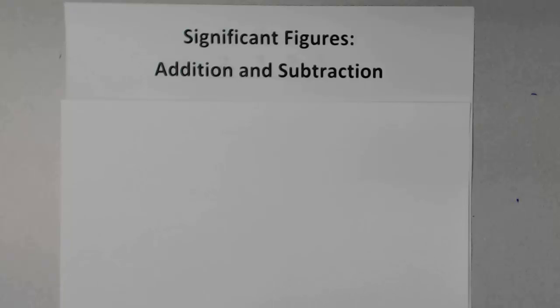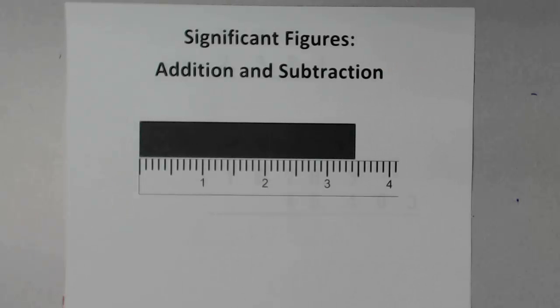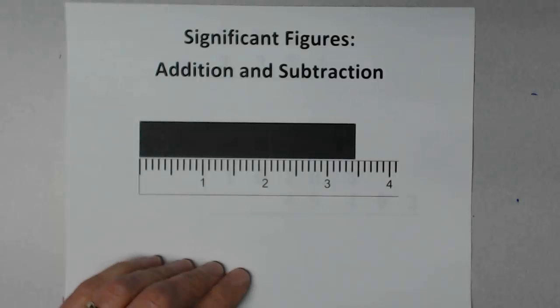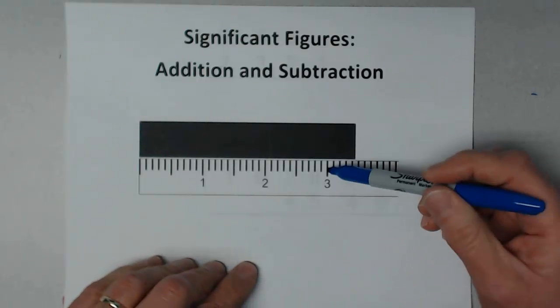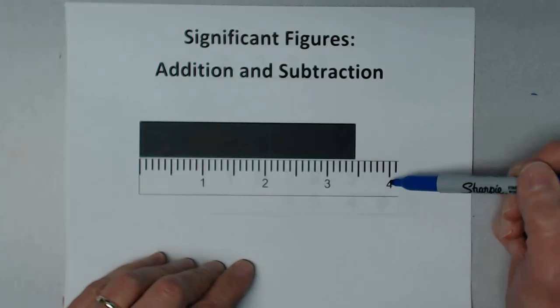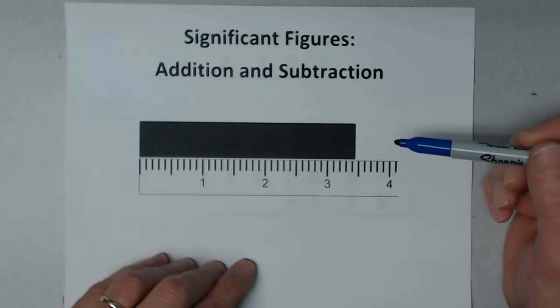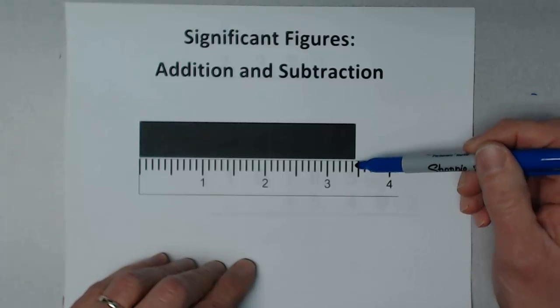Suppose we measure a piece of metal, and using our best measuring skills, we find that its length is 3.45 centimeters. We're absolutely sure that the measurement is between 3 and 4 centimeters because one end is down there and the other one's between the 3 and the 4. We're also absolutely sure that the measurement is between 3.4 and 3.5.